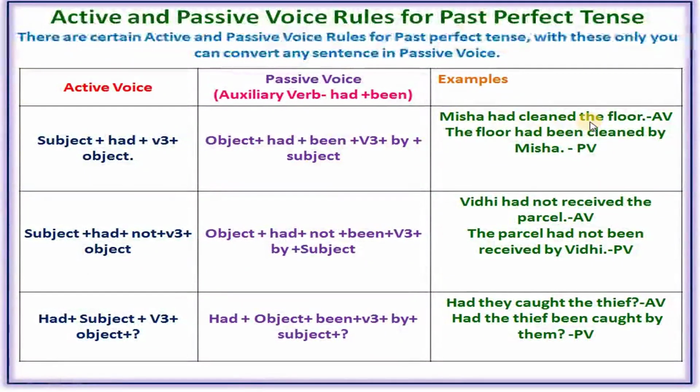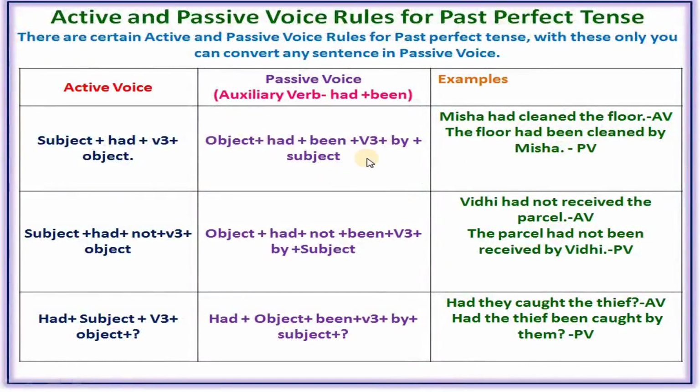So examples are here. Misha had cleaned the floor. Here Misha is the subject, cleaned is the verb and floor is the object. The floor had, after that been, according to this formula: the floor had been cleaned by Misha. So this is the passive according to this form.